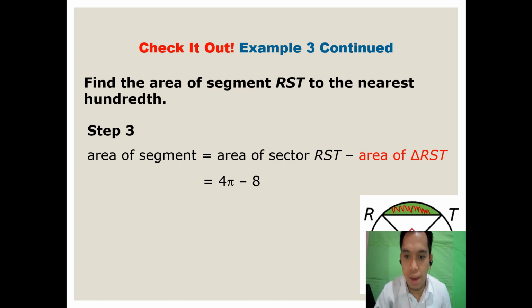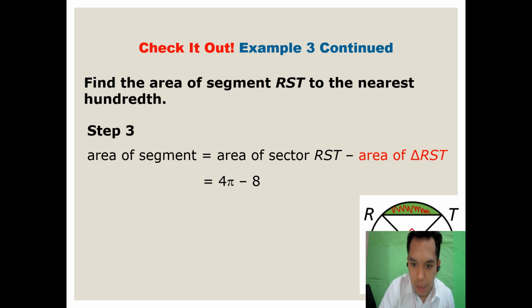So 4 pi minus 8. Okay, dito class, yung ating 4 pi, i-simplify pa natin yan. So 4 times pi is equal to 12.57, di ba? So that is 12.57.